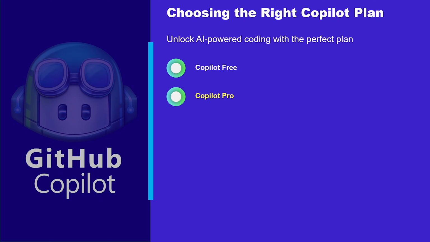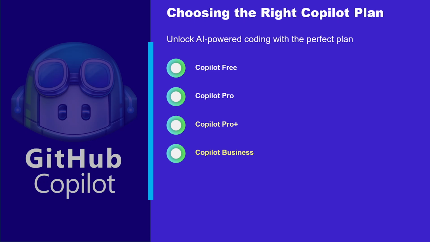Verified students, teachers, and popular open source maintainers may be eligible for free access. Then there is Copilot Pro Plus, the top tier plan for individuals. It includes everything in Copilot Pro plus a higher request limit and full access to all available models in Copilot Chat. It's perfect for AI power users, and yes, it comes with the same 2-month discount if you go annual.